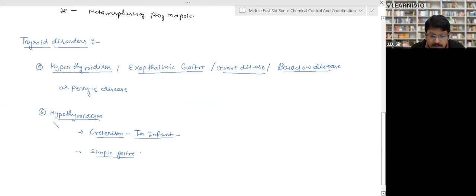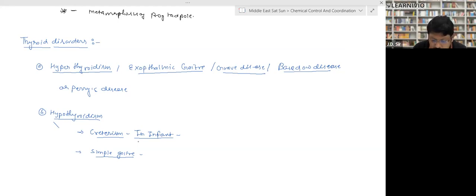It is caused by deficiency of iodine, which is needed for the synthesis of thyroid hormone. Full stop. It causes thyroid enlargement.